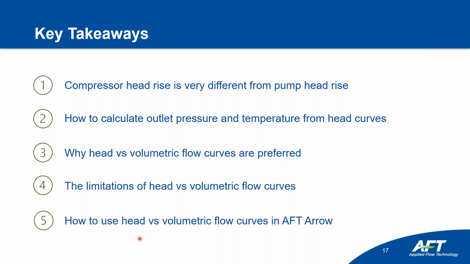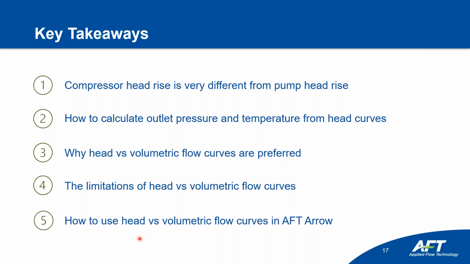We saw why head versus volumetric flow curves are very flexible, and therefore they're the preferred curves for modeling the physics of your system and making sure you're not misrepresenting your compressor by thinking it's going to operate at a certain pressure and mass flow.